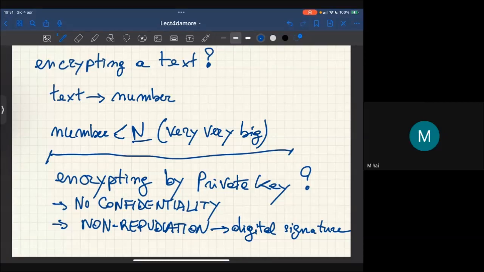And this is generating the idea for obtaining the digital signature. Any question? Okay.